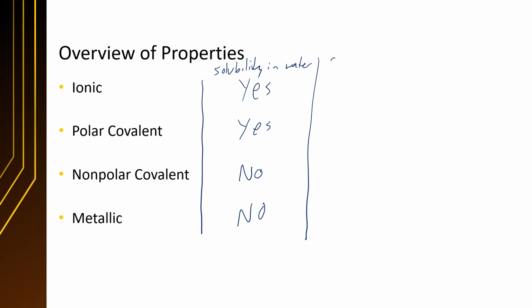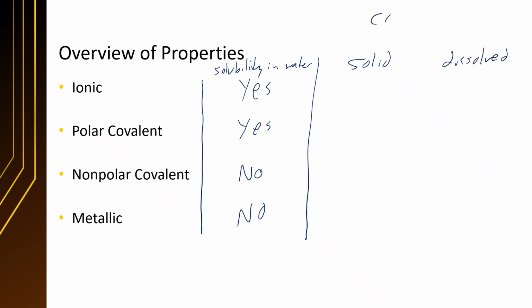Another thing would be conductivity. Typically when we're performing these tests, you can check conductivity, like does it conduct electricity? And we're going to check as both a solid or dissolved.